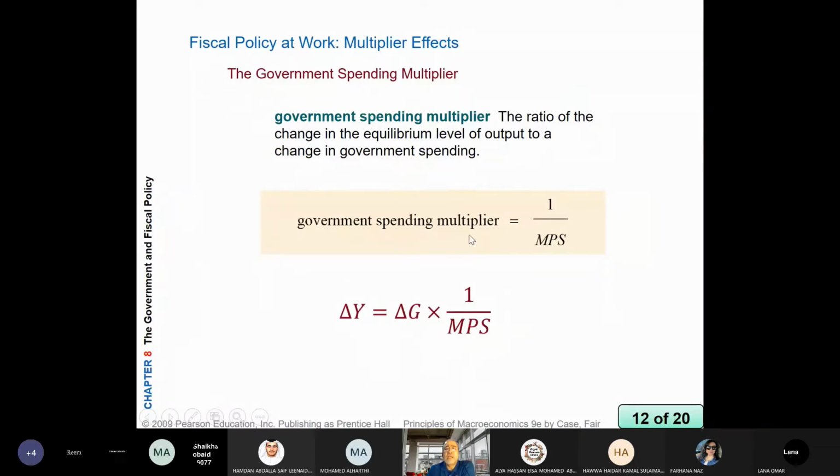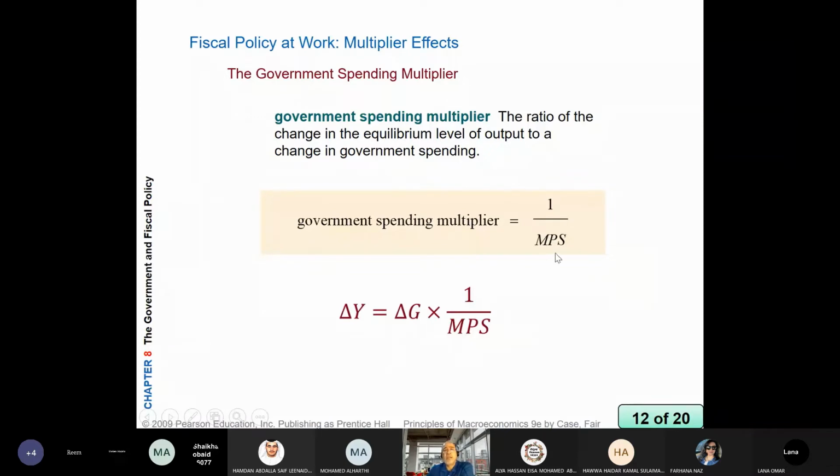So if there is an increase in one exogenous variable, increasing expenditure spending, there will be a multiple increase in the equilibrium level of aggregate output.